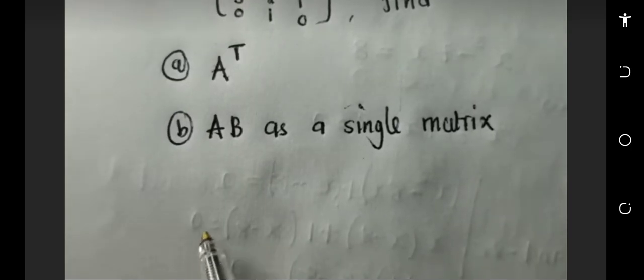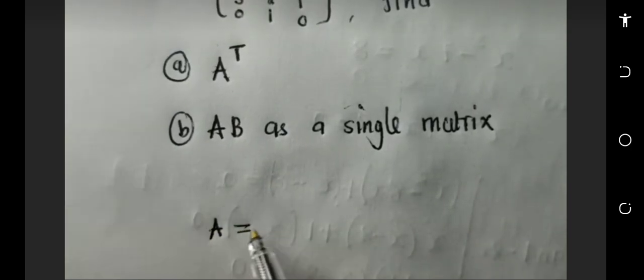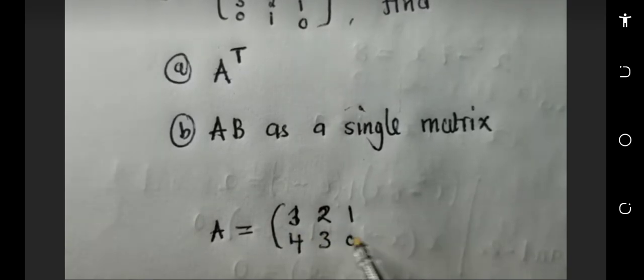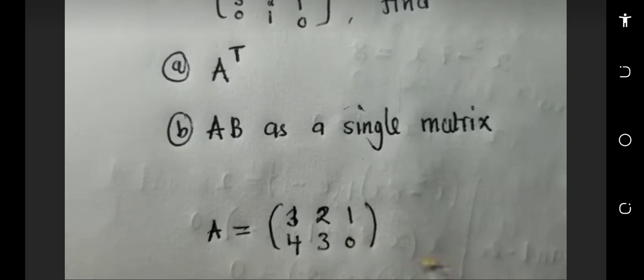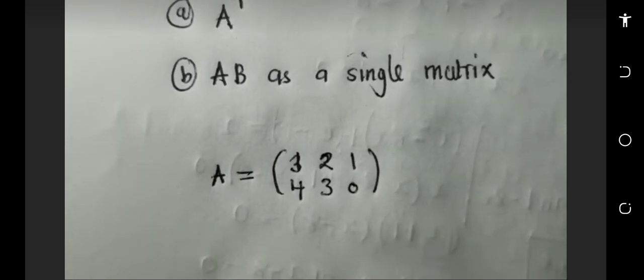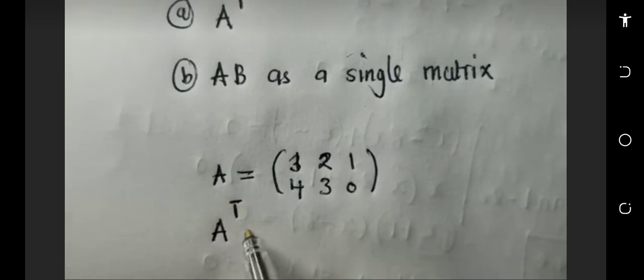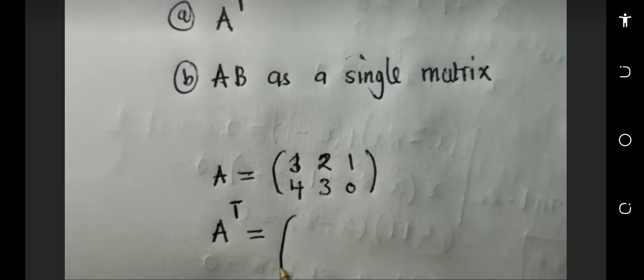So for matrix A, we have 3, 2, 1. And here we have 4, 3, 0. So now to find the transpose of matrix A, we're going to say A power T is equal to, it will now look like this.